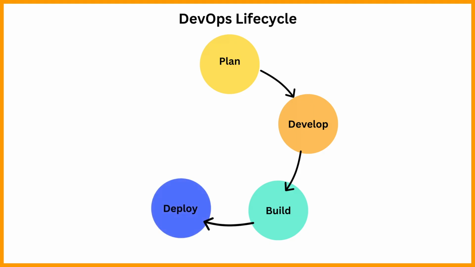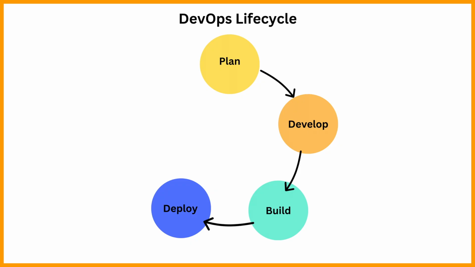This means moving the code from a development or testing environment into a live production-ready system where real users can access it. At this stage, infrastructure tools like Docker are used to package the application and all its dependencies into containers. These are lightweight, portable units that can run anywhere.